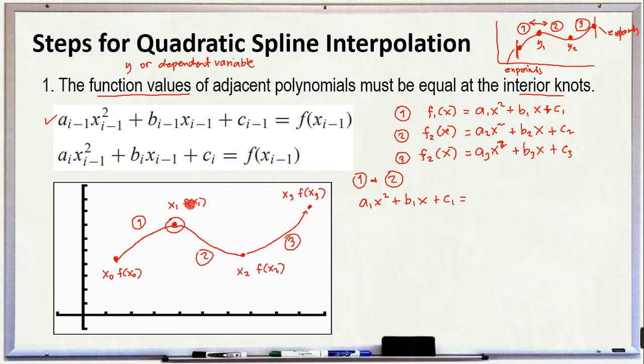Kay diba equal daw kuno sila og y dira, so ibutang f of x1. But wait, there's more. So diba ang ginode dira sa f of x1 is x1. So automatic kung unsay x dira, x1 pud. Nakuha ninyo?